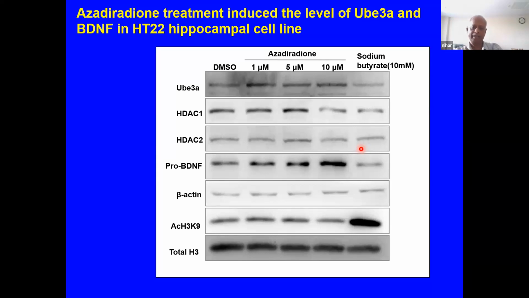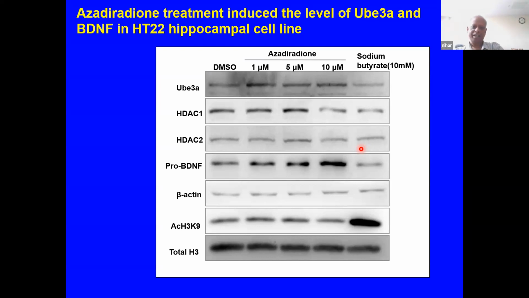If you find small molecules which could increase the activity of the ubiquitin ligase, they could probably rescue the disease phenotype, right? That's the idea. So we searched for small molecules that could activate or induce the activity of this ligase, Ube3a. We searched a lot of molecules, but nothing happened.